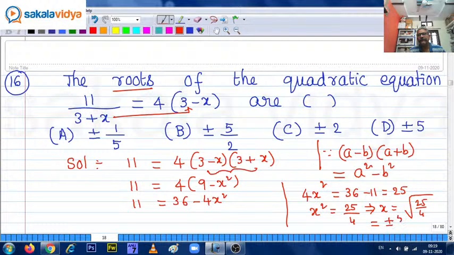This will be plus or minus 5 upon 2. Yes, option B is the right option.